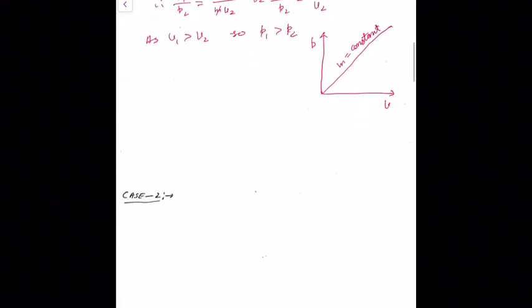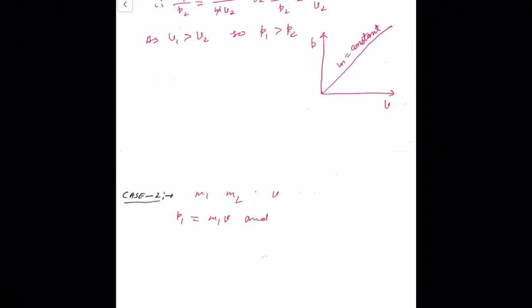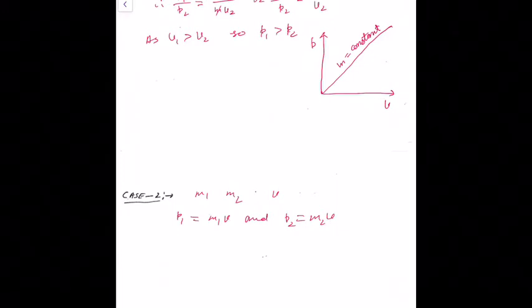Case second, consider a heavier object of mass m1 and a lighter object of mass m2. Suppose both the objects are moving with the same velocity v, then p1 is equal to m1 into v and p2 is equal to m2 into v.